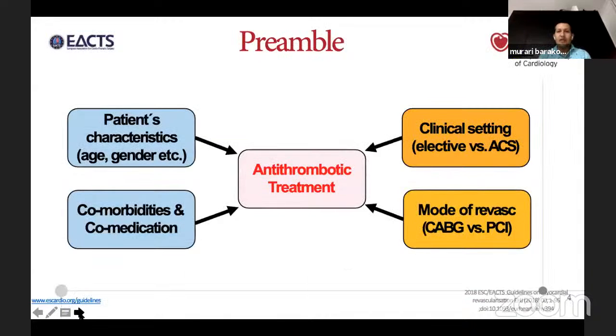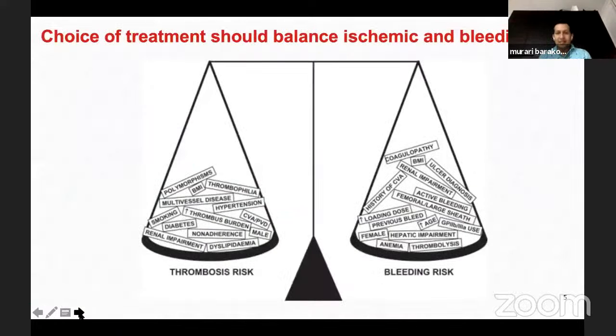Coming to antithrombotic therapy, it depends upon comorbidity, clinical presentation, and other patient characteristics. Basically there is a trade-off between thrombotic risk and bleeding risk, and we should have a balance between them. The optimal therapy would prevent all thrombosis and have no bleeding, but the ideal situation doesn't exist, and there is some trade-off between them.